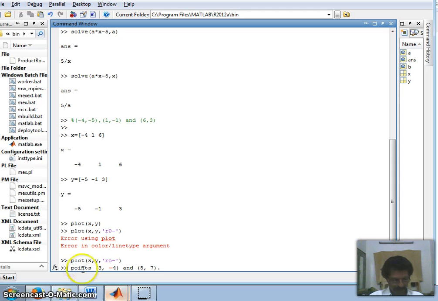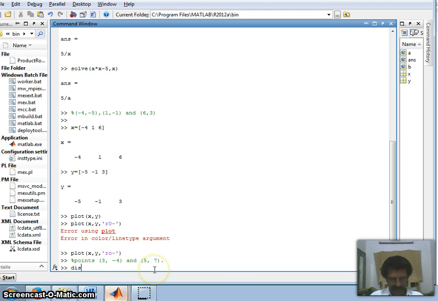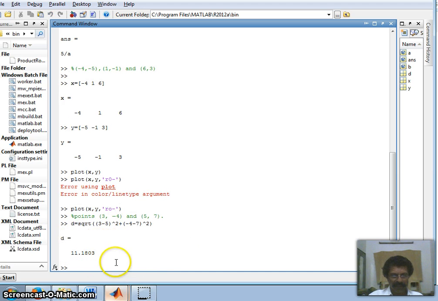If x1 y1 is a point and x2 y2 is a point, then the distance d is equal to the square root of (x1 minus x2) whole square, that is (3 minus 5) whole square, plus (y1 minus y2) whole square, so y1 is minus 4, minus 7, whole square. So this will give me the distance between the two points, 11.18.